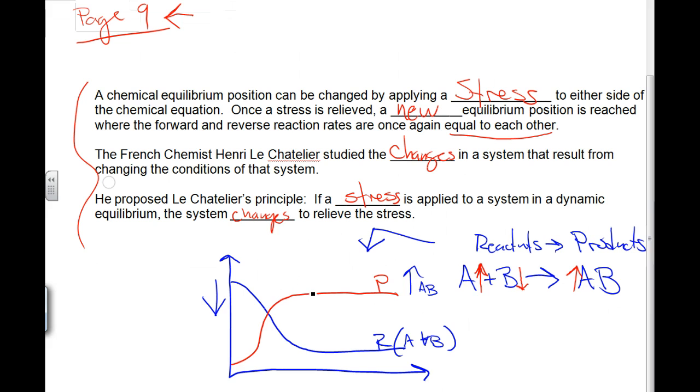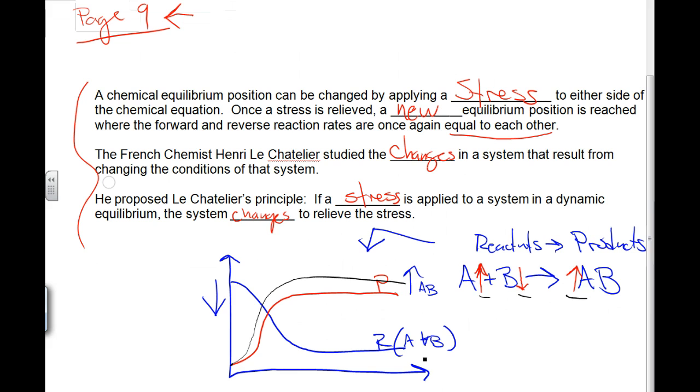Now, don't stress too much if this graph is a little bit too complicated. But we said just a second ago that AB is going to increase. So I'll start still with the same low, but I will end higher. Now, the amount of reactants is tricky because one went up and the other went down. All right? So it will basically remain the same.